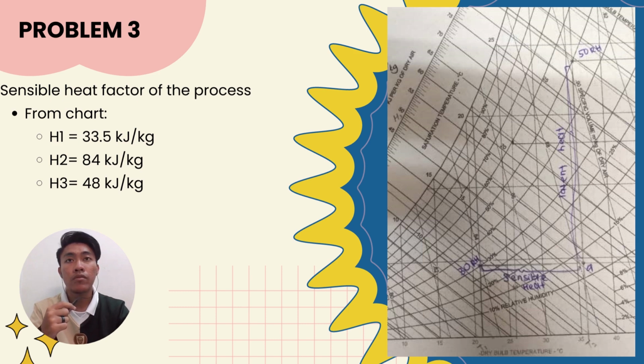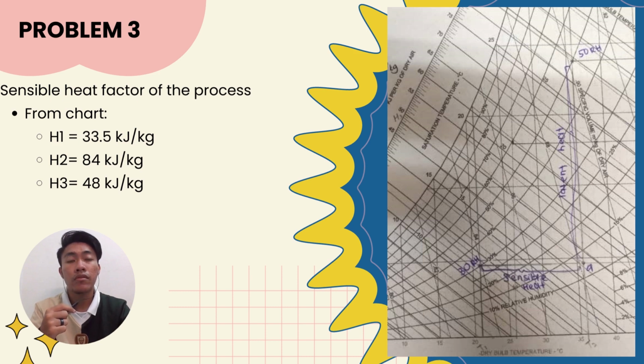First of all, we need to calculate the enthalpy H3. If we look at the chart, I have already labeled A as the intersection of the final and the initial temperature. We will do the same as for the heat added. We need to find the enthalpy of A, so we make an oblique line until it touches the enthalpy region, and we get the value of 48 kilojoule per kilogram and label it as H3.